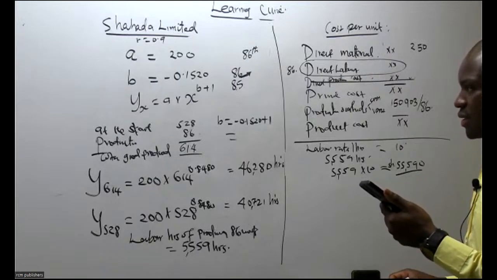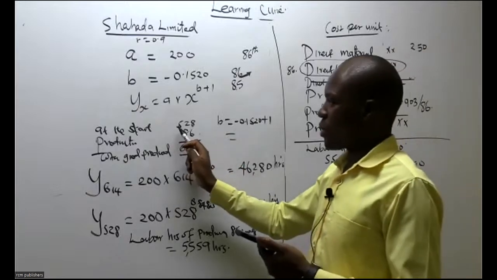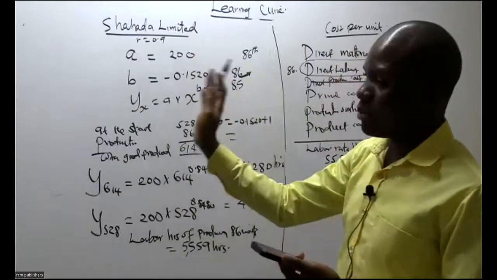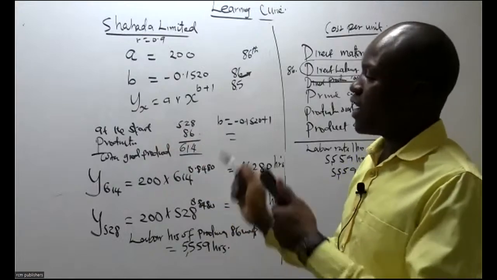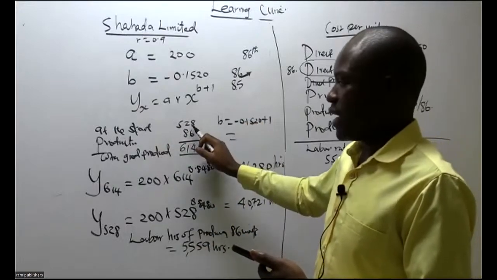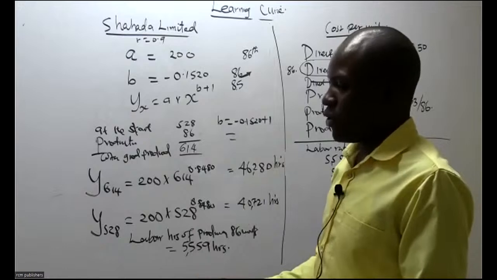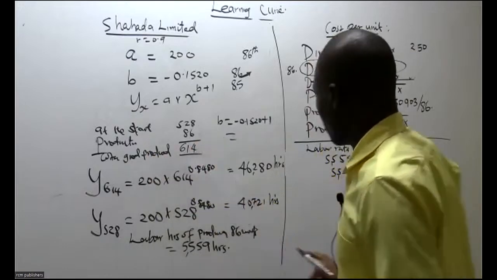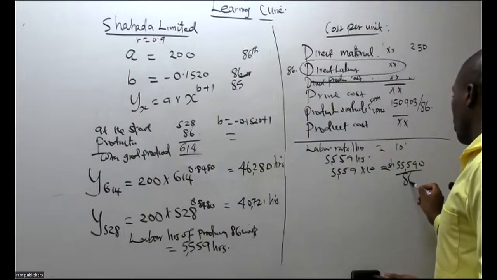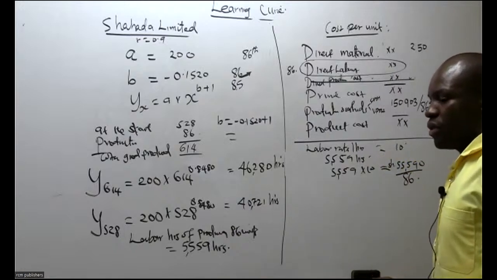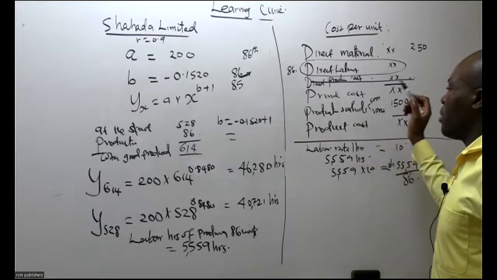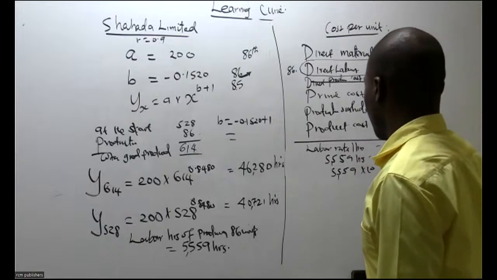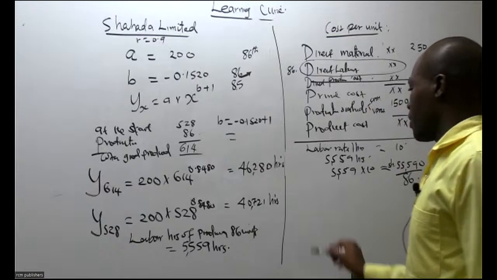At the start of that previous period, they had 528. During the period, they managed to produce 86. So it is 86 units that were produced in that period. What was the average labor cost per unit?